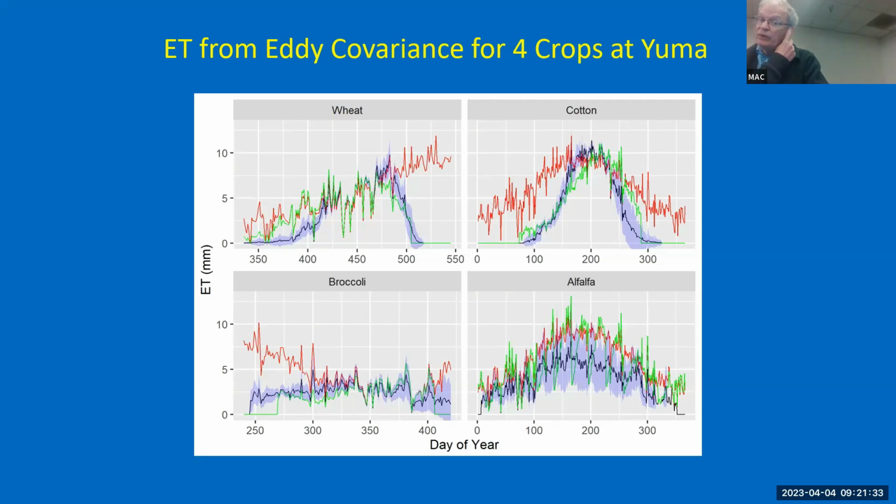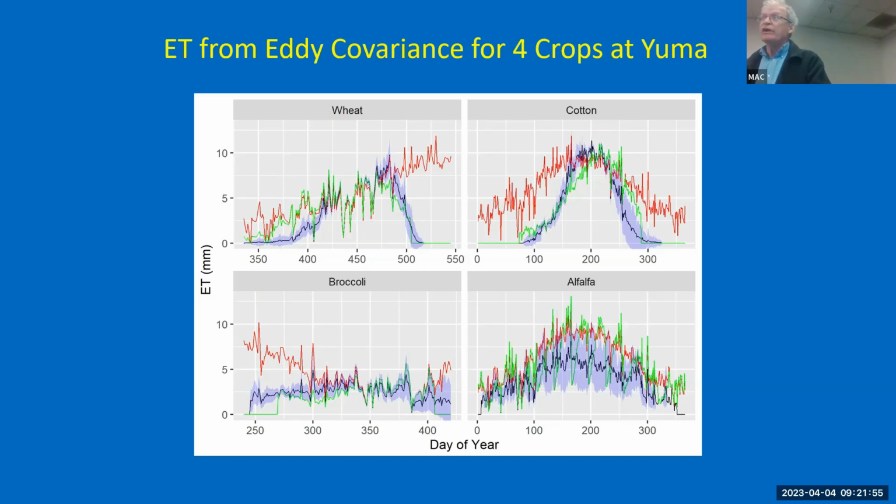Note that crops such as broccoli are planted at winter solstice, so in the lower left, the shaded blue shows that the typical daily ET from that crop is quite flat. That's because the solar radiation is at a minimum.